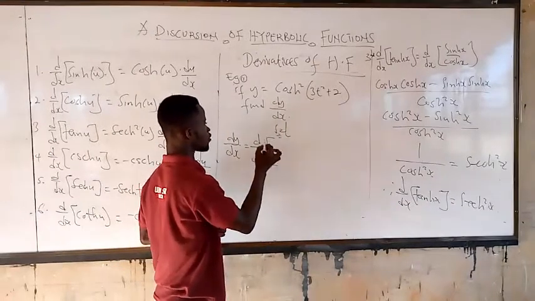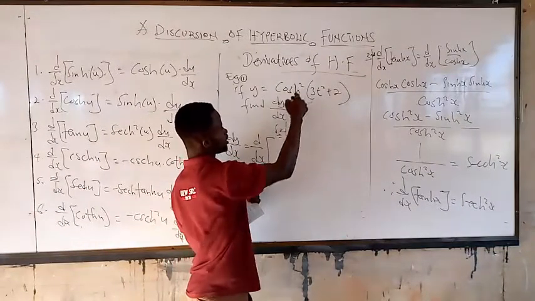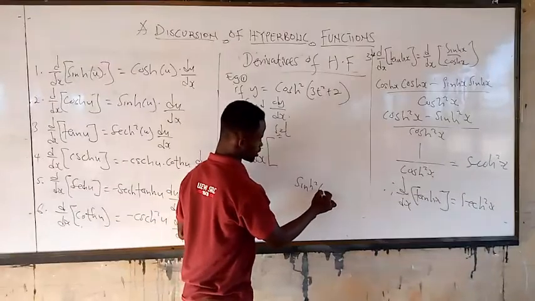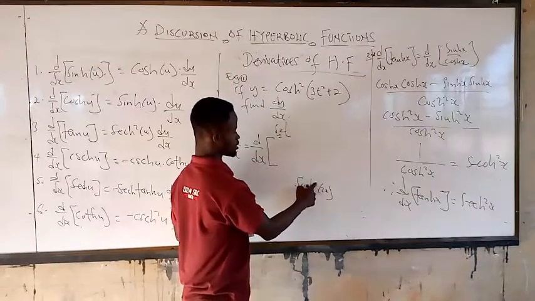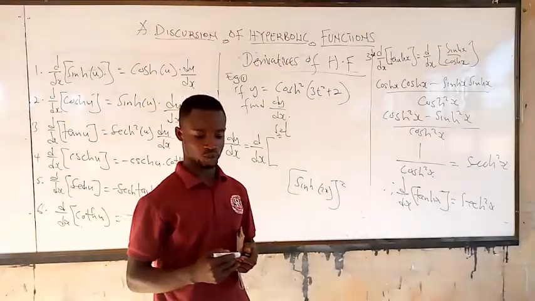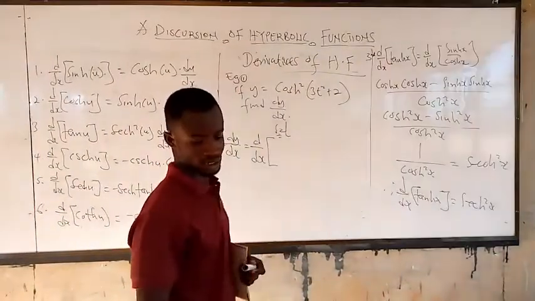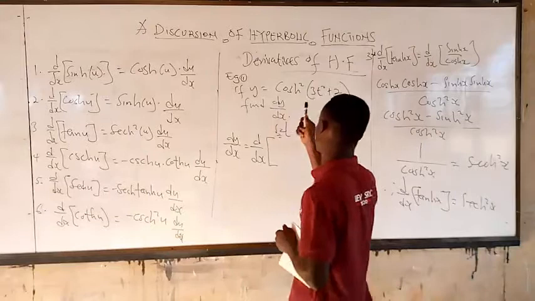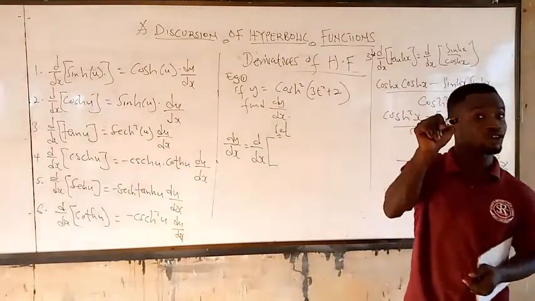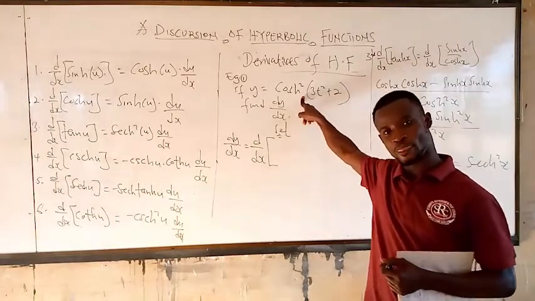Now this square that we have here, for instance, if you have sech square 2x, the square is coming here. So always don't forget that. So having this, in the first attempt, which idea or which techniques in differentiation will you go by? Calculus 1, please. Don't be thinking that this is a product rule.